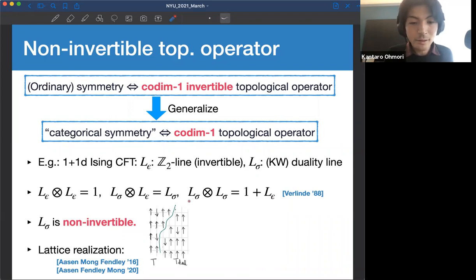And there's no inverse for this Kramers-Wannier duality line. Therefore, we say that this Kramers-Wannier duality line is non-invertible.